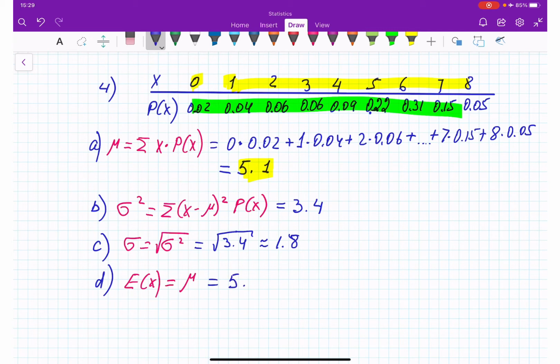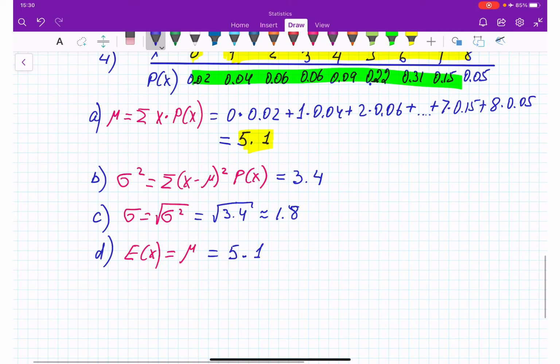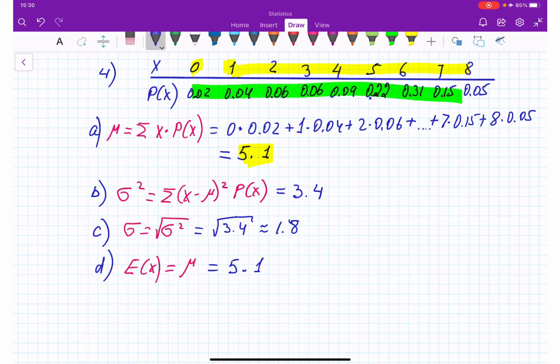So we'll just write down 5.1. Yes? Now, what interpretation can we make? The expected number of questions answered correctly, on average, is 5.1 with standard deviation 1.8.